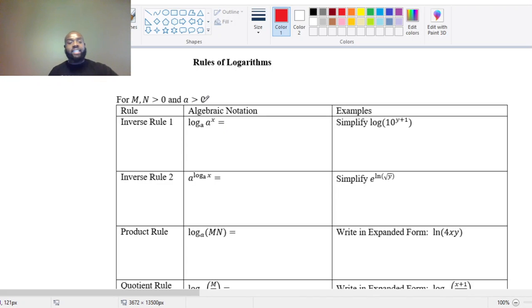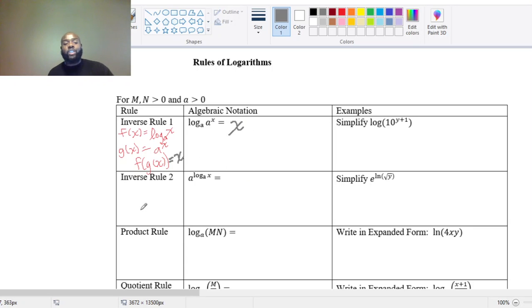Say that f of X was log at base A of X and G of X was A to the X, then this example here will be f of G of X. Remember that the log at base A of X and A to the X are inverses of each other. When we studied inverse functions, we found that a composition of inverse functions always equals your input value, which is X. So log at base A of A to the X is just X.